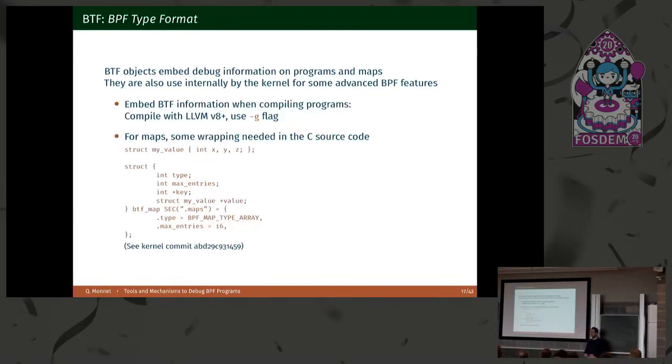For maps, we have to do some wrapping in the source code. What I have here is the classic definition of my BPF map that would be in the C source code. And I have above that something to add some information, in particular about the type for the key, which is a pointer to an int, and the type for the value, which is a pointer to that struct.